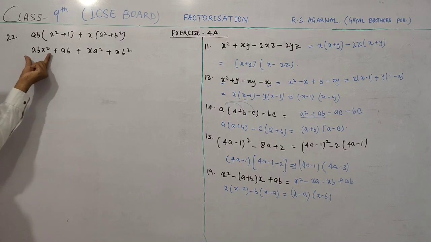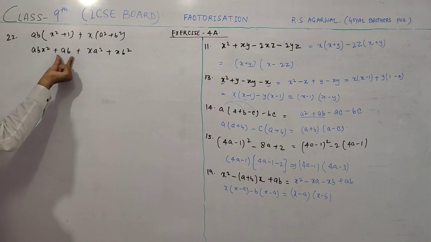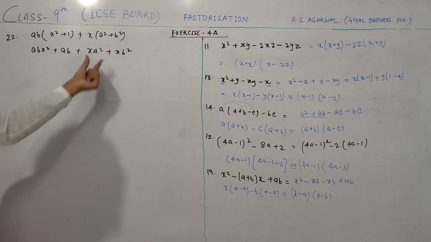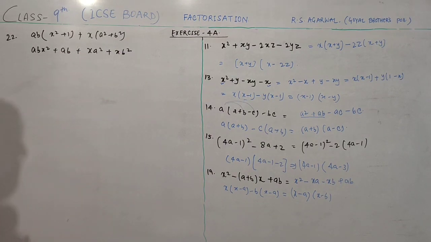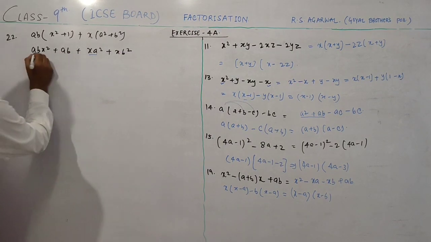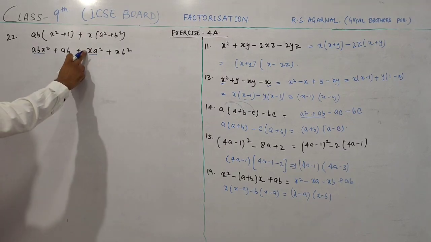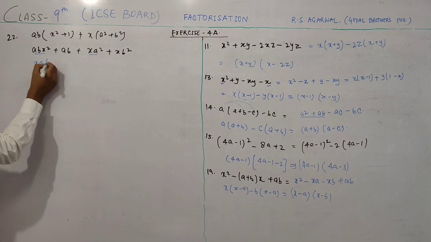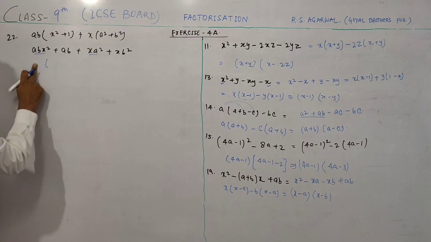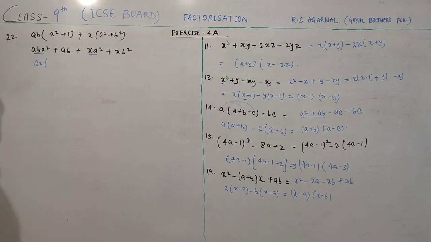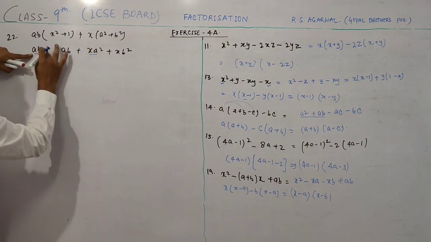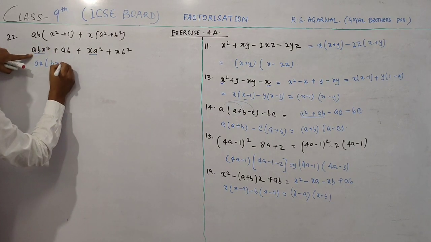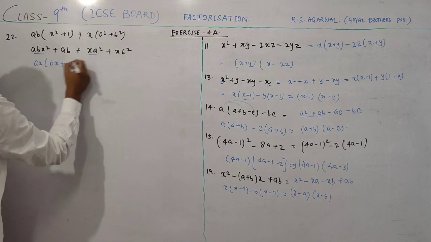This is AB x square, here this is AB, and here this is xa square. So if I take common from this part and from this part, here it is xa, here it is also xa. So I take common xa, or ax. So if I take ax, the remaining is bx plus, and here the remaining is a.